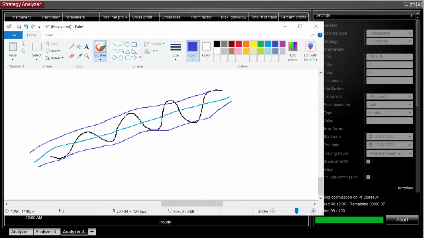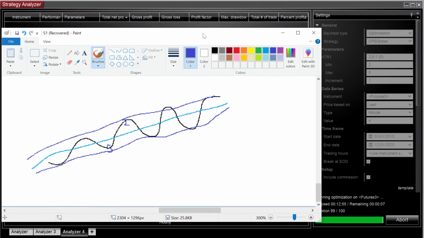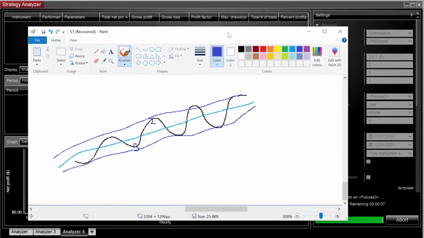So let's say when the equity curve is below, we take 5 contracts. When it's above, we take 2 contracts. There are a lot of different ways to go about portfolio management and managing multiple strategies.